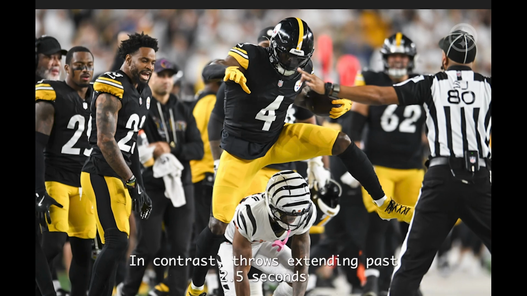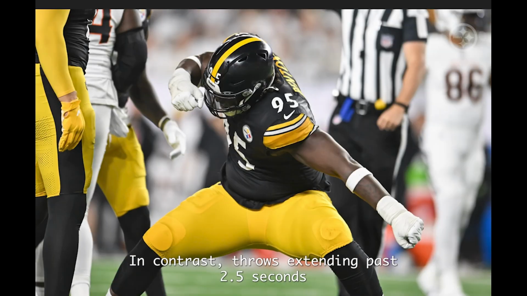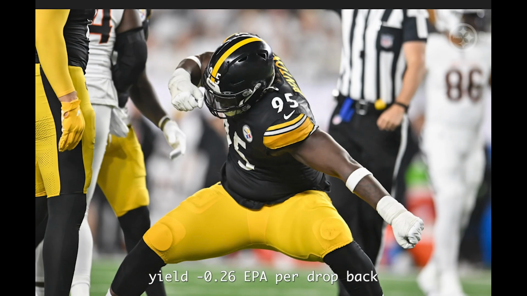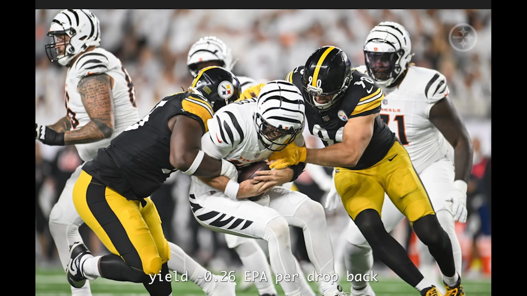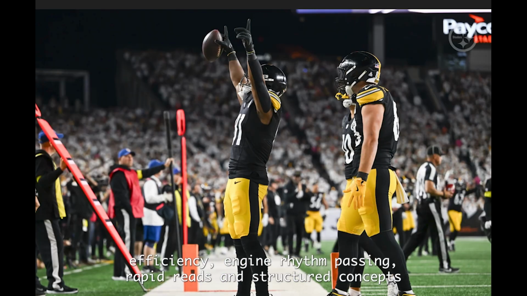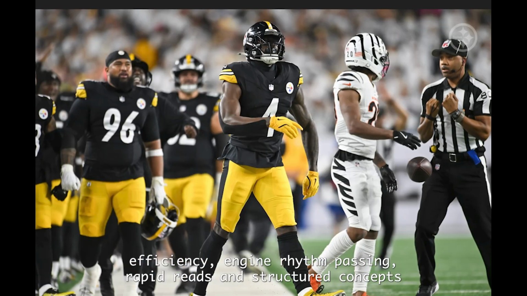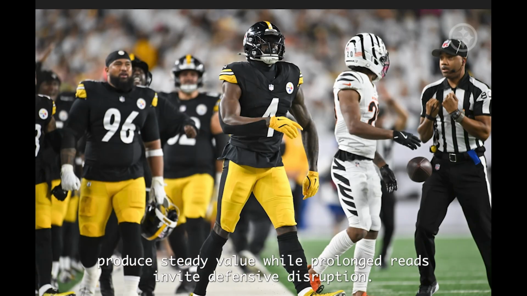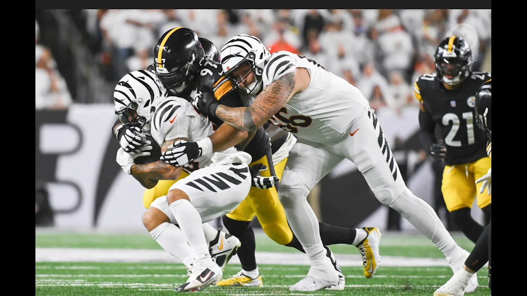In contrast, throws extending past 2.5 seconds yield negative 0.26 EPA per dropback, and a surge in pressure to 47.9%. The takeaway is simple. The quick game is the Steelers' efficiency engine. Rhythm passing, rapid reads, and structured concepts produce steady value, while prolonged reads invite defensive disruption.